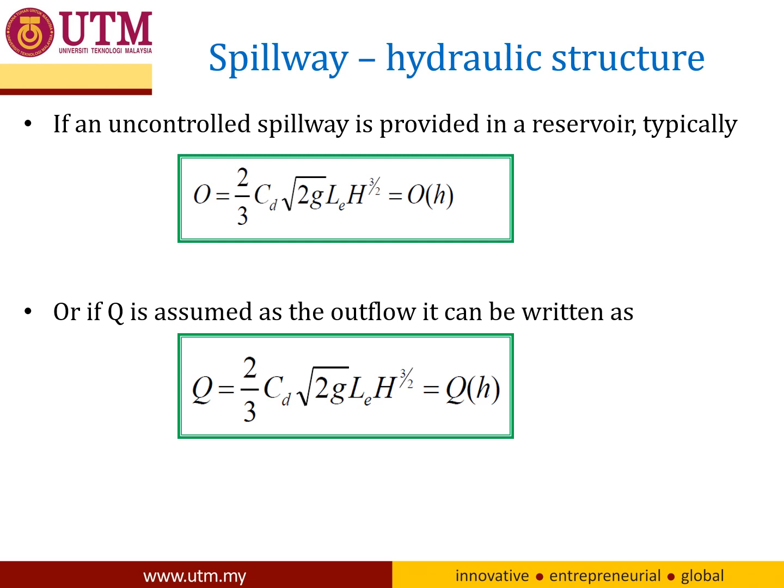For example, if we have a spillway, this is the relationship between O, the outflow, and H, the head. Head means there is some level where the flow starts to go out from the reservoir. So this formula depends on different types of hydraulic structures.